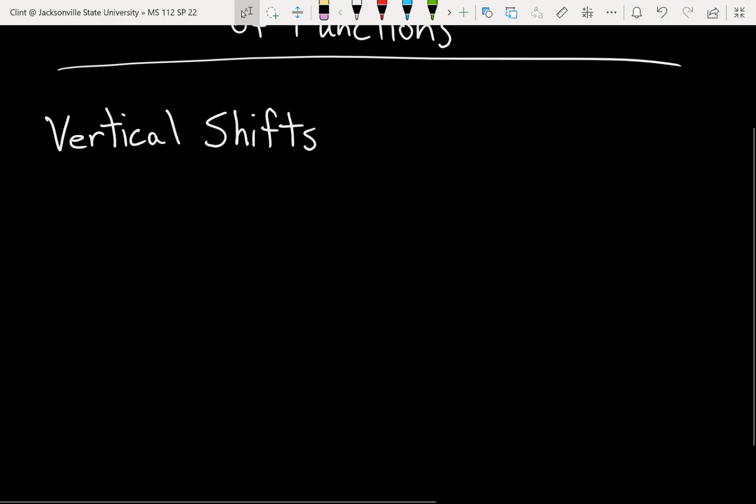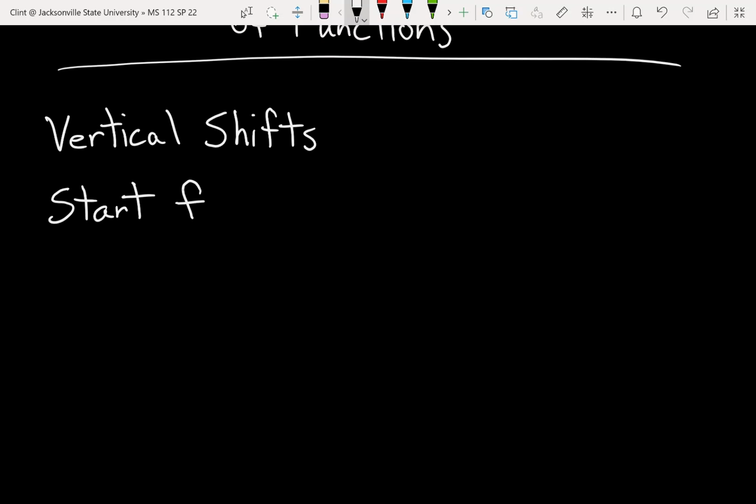Writing out the rules, trying to explain what's happening on a graph, is a little bit tricky to word, so here's how I'm going to write it down. We start with the graph of some function f of x.